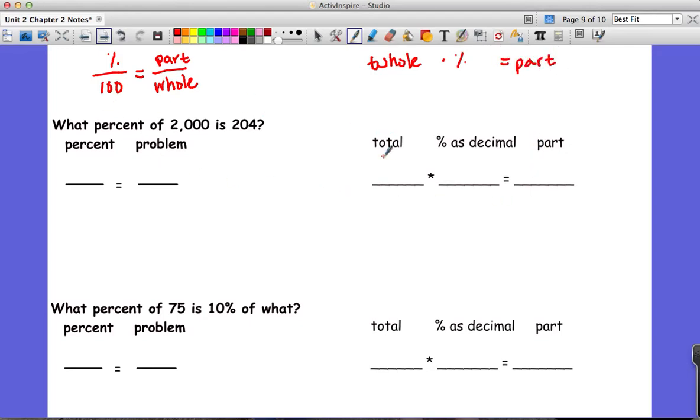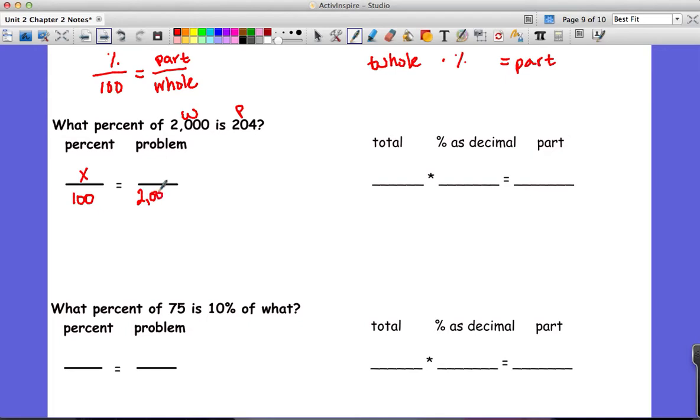So you have to figure out what each of these pieces are. In this case, we don't have a percent, so the percent would have to be the x, but the percent always has to go over 100. And then 2,000 is my whole because it says what percent of 2,000 is 204. So 204 is the part, and 2,000 is the whole group.